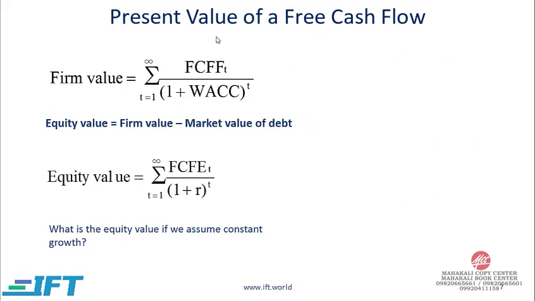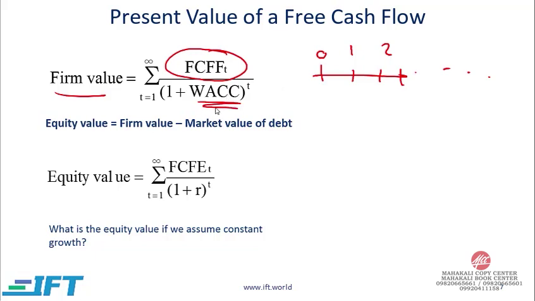Okay, now this should look extremely familiar. The present value of free cash flow, I've already alluded to this. If you are using your free cash flows to firm, then you come up with the firm value by projecting all your free cash flows out to infinity and discounting back using the cost of capital.